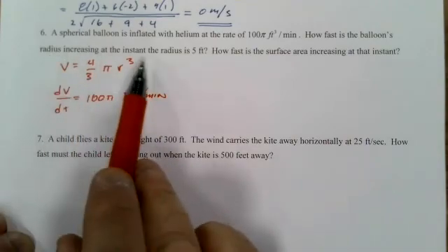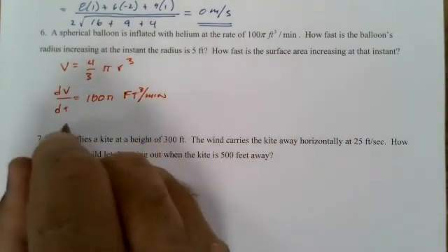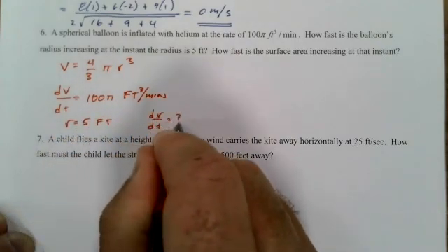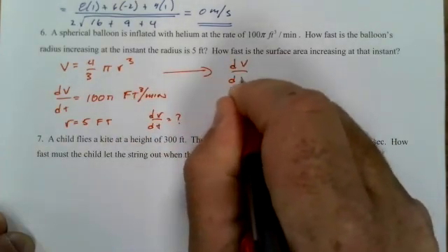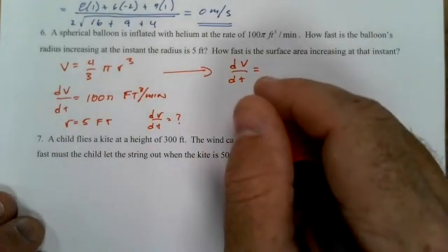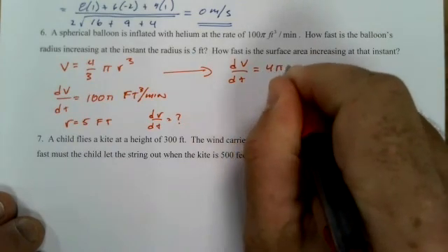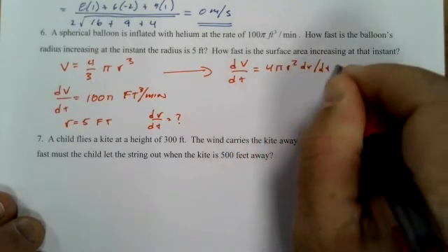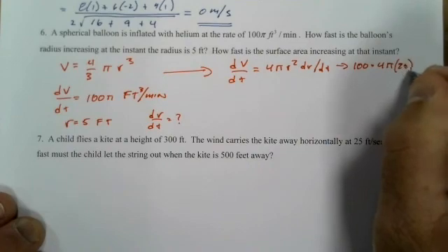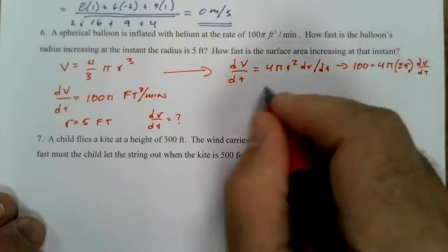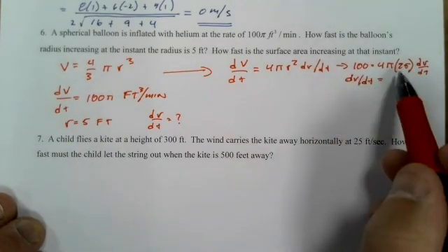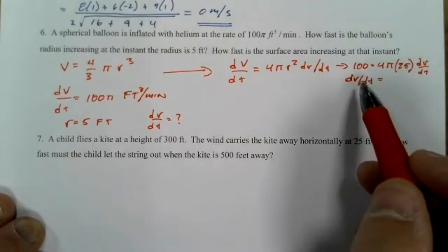How fast is the balloon's radius increasing when r equals 5 feet? dV/dt equals 4 pi r squared dr/dt. 100 equals 4 pi 25 dr/dt. dr/dt equals 4 times 25 is 100, so just 1 over pi.